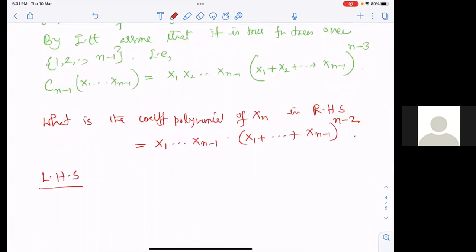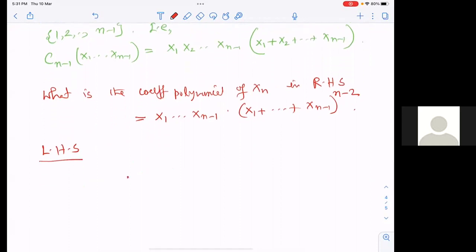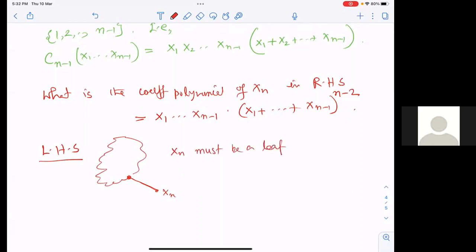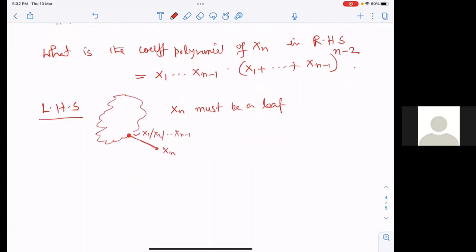How do you compute the coefficient polynomial of xn? That's also very simple. That means those terms with xn must appear like a leaf, right? And then there is a tree on top of it. So xn must be a leaf. The leaf can be connected with either x1 or x2 or xn minus 1. That means what are the terms that give you xn as degree 1?